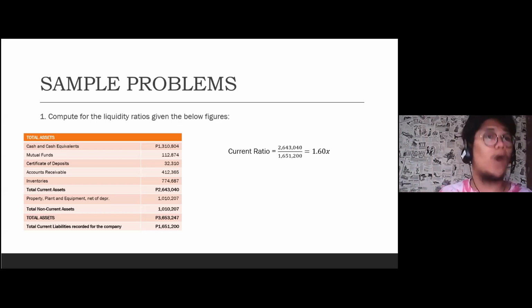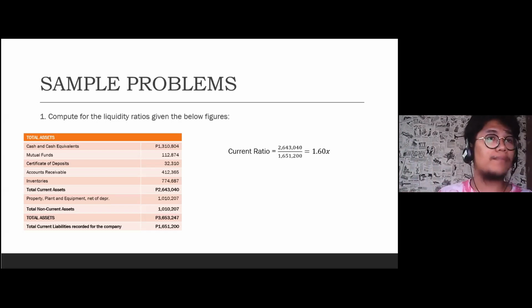And if it's below 1, less than 1, the company doesn't have enough current assets to cover its current liabilities.